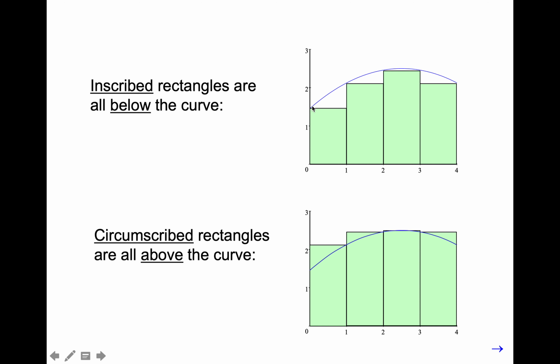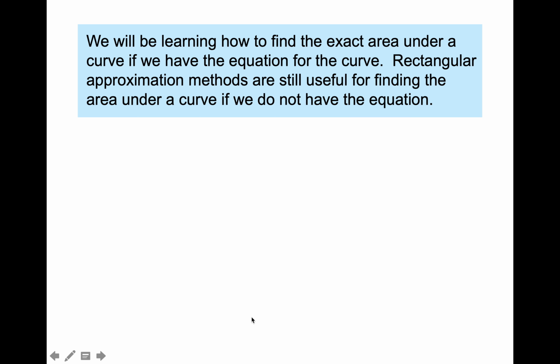Notice that the left endpoint determines the height of the function, and the circumscribed, it was the right endpoint determined the height of the function. Do not assume that's always the case. This particular function is concave down. If the function was concave up, then we would see that reversed. But just a little definition on what is meant by inscribed and circumscribed.